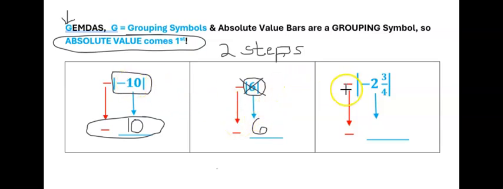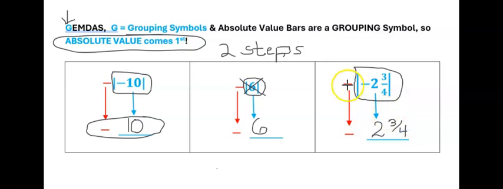Now this one reads the opposite of the absolute value of negative 2 3/4. Fractions, decimals, mixed numbers, it doesn't matter, absolute value still works the same. We just have to answer the question here to clean this up. If you get rid of those bars, we just answer the question, how far is negative 2 3/4 from 0 on a number line? And the answer is 2 3/4.